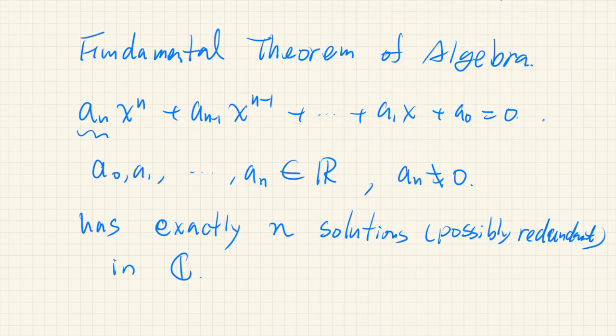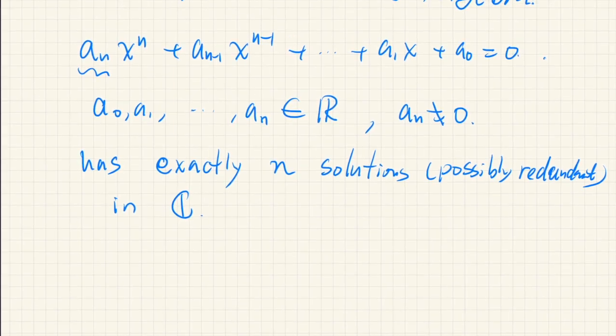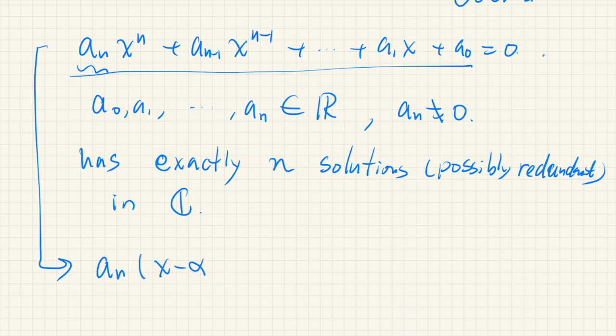So this sounds a little bit abstract, but what this means is very simple. What that means is that we can factorize this polynomial in this form: a_n (x minus alpha_1) to the power of, let's say, m_1, and (x minus alpha_2) to the power of m_2, and so on, and (x minus alpha_l) to the power of m_l.